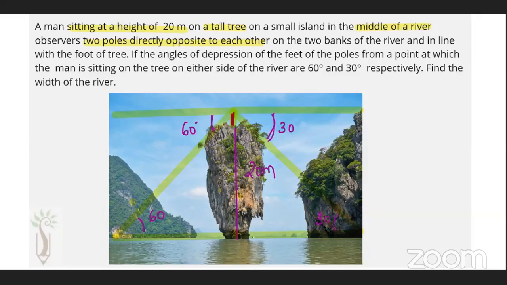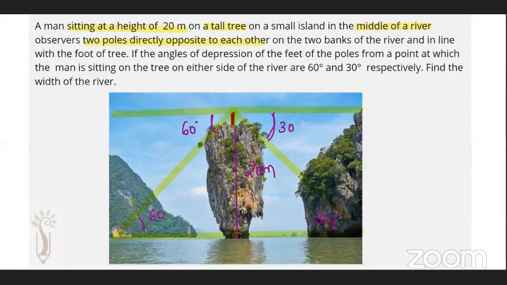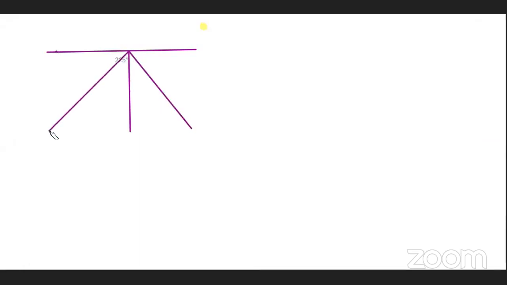What we need to find is the width of the river. I'm going to draw this down and the rest of the thing is yours. So there is a tree in the middle of a river on top of an island. A person is sitting on top of that tree. He is observing the two banks or two poles which are on either bank of the river.